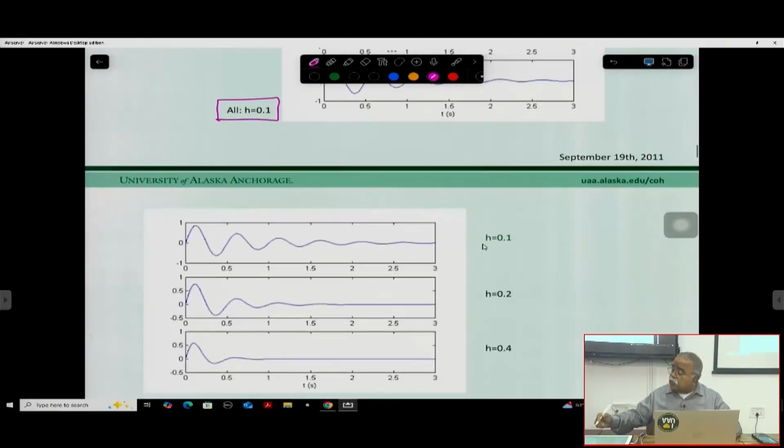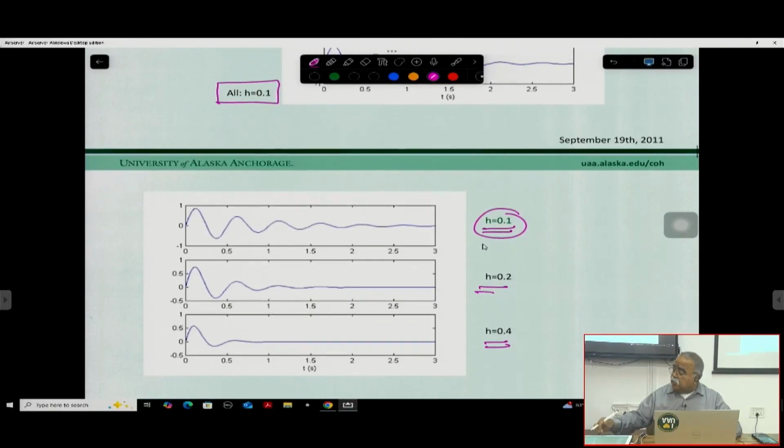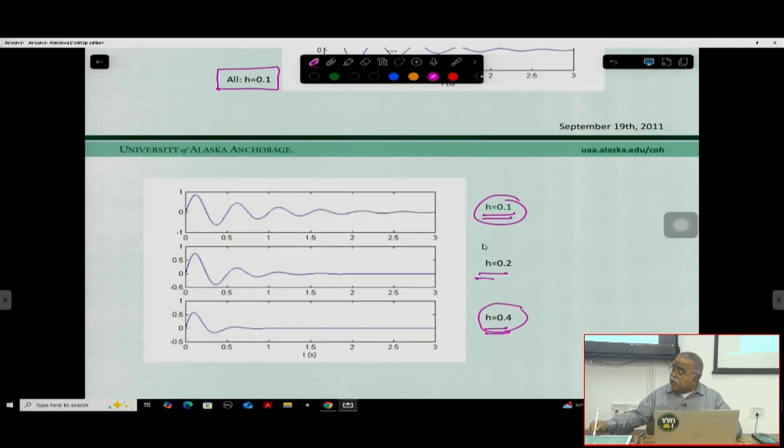So this is h equals 0.01, h equals 0.02, and if it is more damping, then it will start and go like this. If it is less damping, it will start oscillating, it will have an oscillatory behavior. But if it is a highly damped system, the structure will be like this, and then it will immediately stop, right?